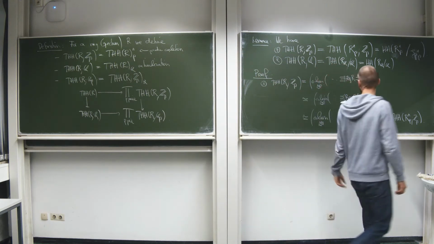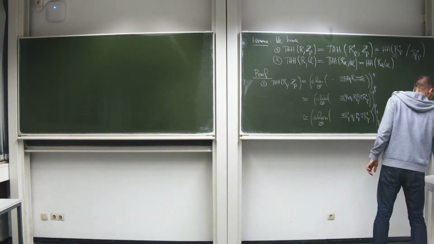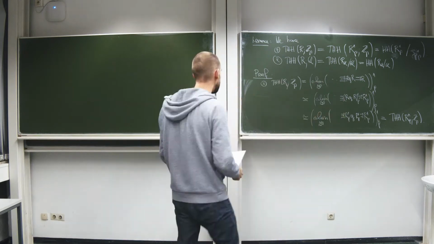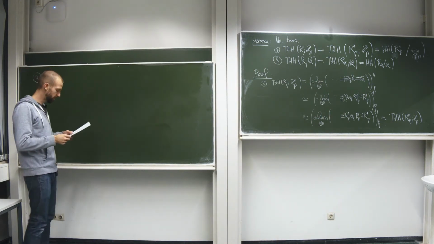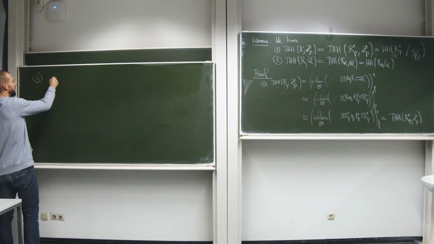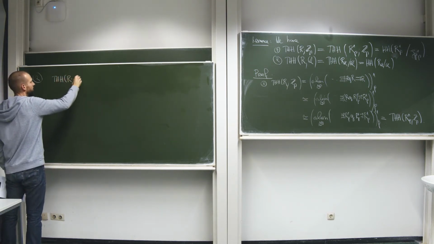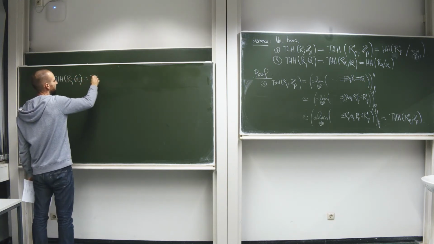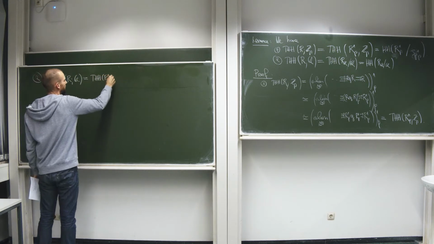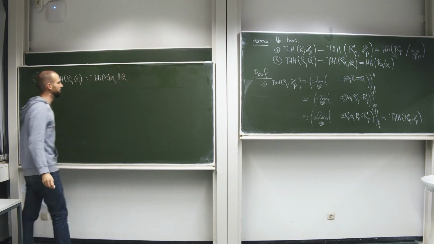And to see the second statement, we invoke a similar trick as before, just for the rationalization. We say that THH of R with Q coefficients is, by definition, the same as taking THH of R and then tensoring over the sphere with the Eilenberg-MacLane spectrum HQ.